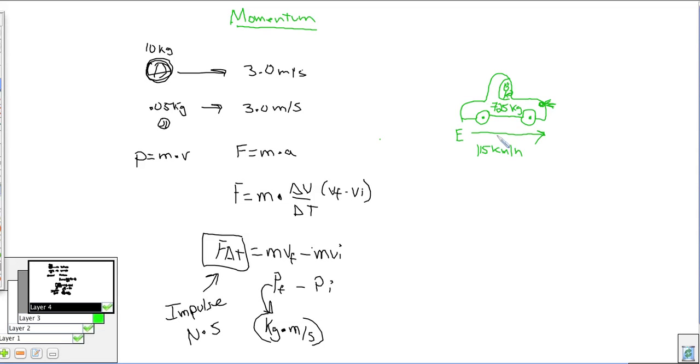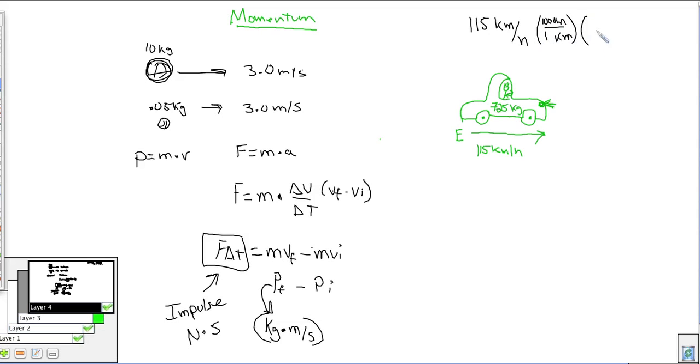This is pretty simple. When we're looking at momentum, we have to convert that to meters per second. So let's do that right off the bat. We have 115 kilometers per hour. I want to convert those kilometers to meters, so I'm going to say that there's 1,000 of those in one of those.